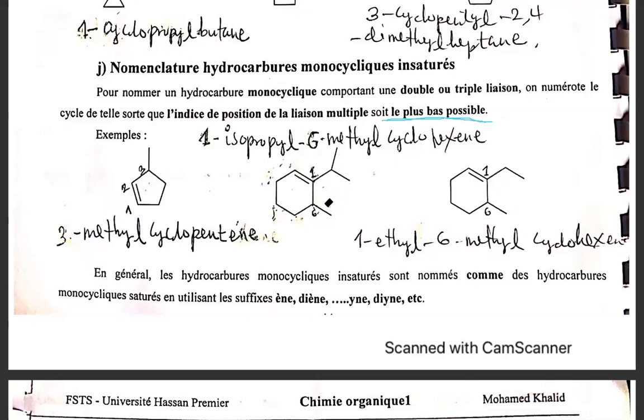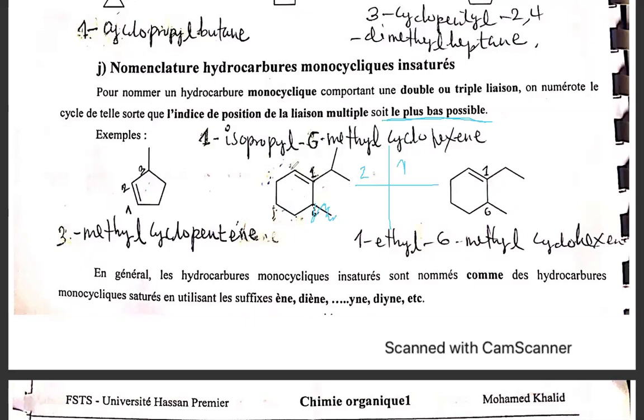And therefore, when you compare the two nomenclatures, let's say the first one we are going to say at position 2 and the second one at position 1. That is for the substituent. Forget about this. I just want to make an explanation based on this so that it makes sense.